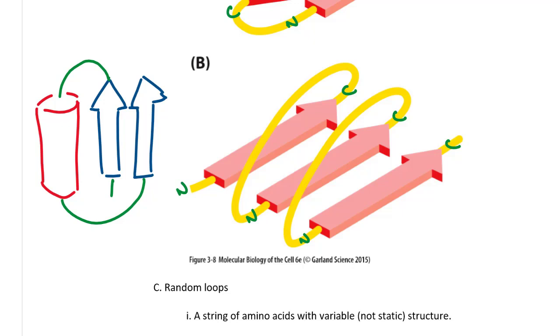And then you can of course have 2 running parallel to each other, followed by 2 running anti-parallel to each other. That is completely okay.